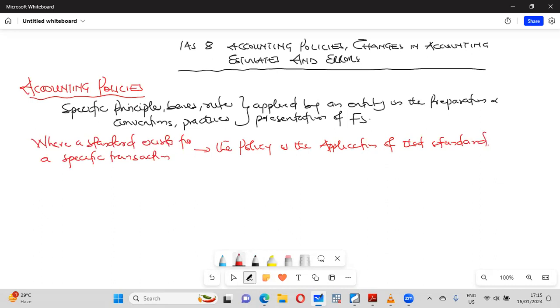There's a particular transaction and a standard doesn't exist. So where no standard exists, there is no standard for that, there is no interpretation for that, what do you do?